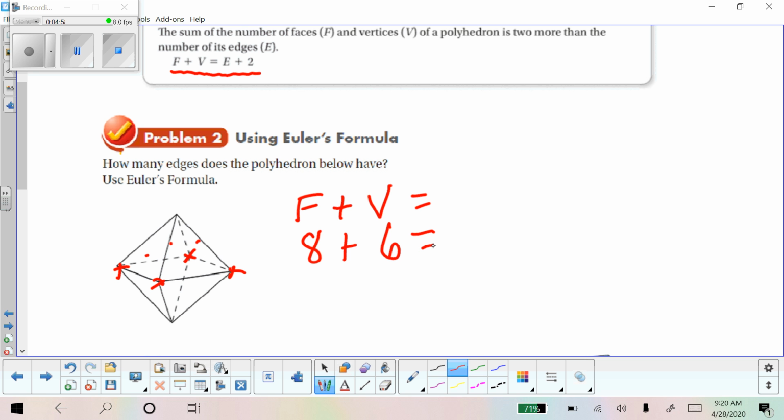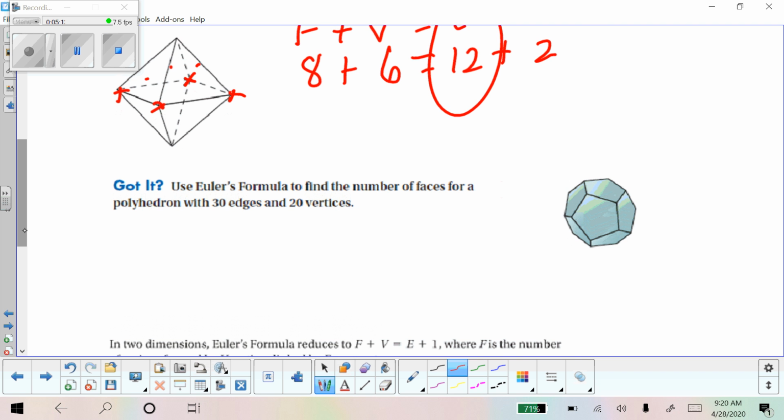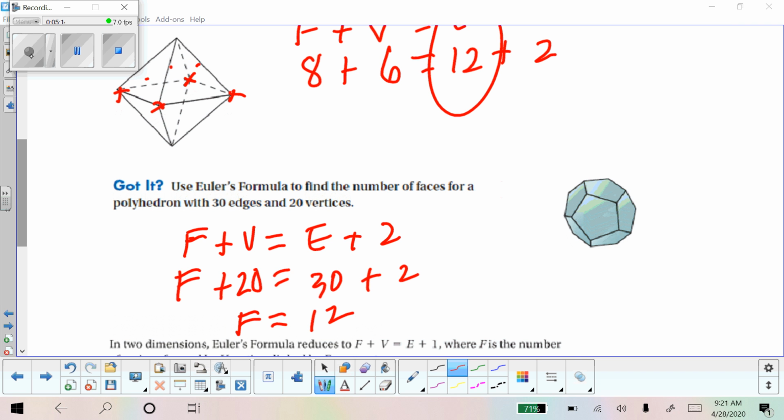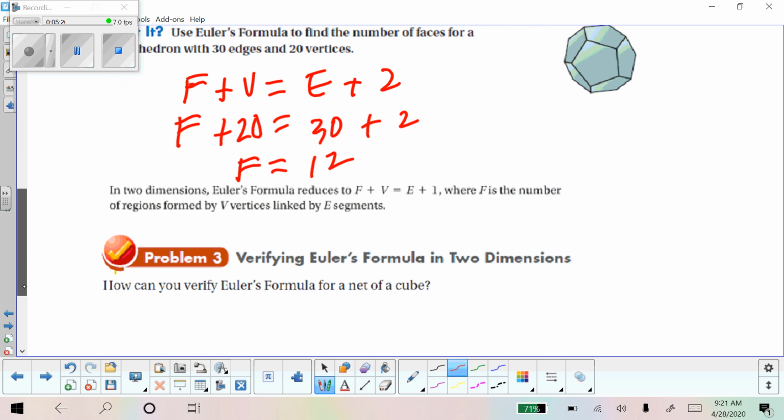That should equal the number of edges plus 2. Well, since 8 plus 6 is 14, then that means the number of edges must be 12. All right, you try one, see if you get it right. You should have got 12 for the number of faces there according to the formula.